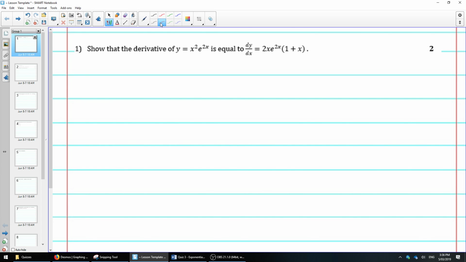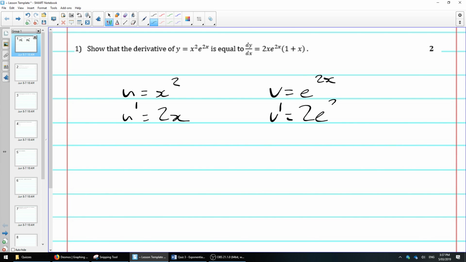Which was product rule, yeah. So we're going to say that u equals x squared, so u dash equals 2x, v equals e2x, so v dash equals 2e2x, yeah. I'm not just going to go through setting up the whole thing.